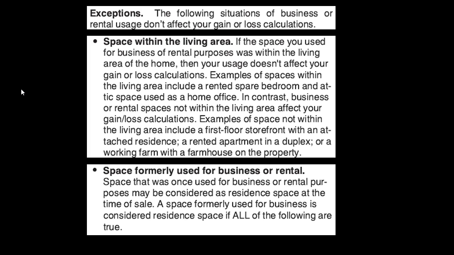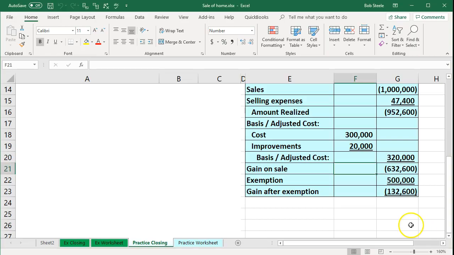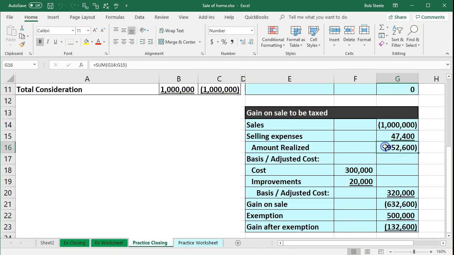And note, as we go through these items, one of the major things that is going to be affecting the gain or loss is whether or not depreciation was taken in the business use of the property, because we're talking about the basis calculation. So as we think about these things, we're typically considering this side of the equation. So we have the sales side, then we have the basis or cost side.